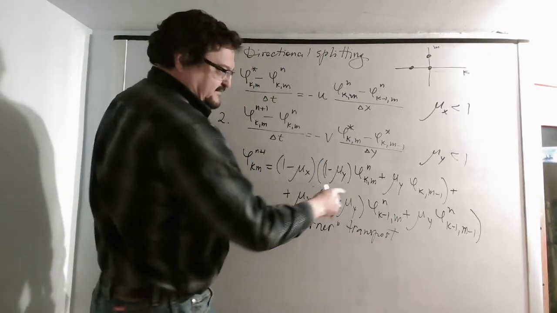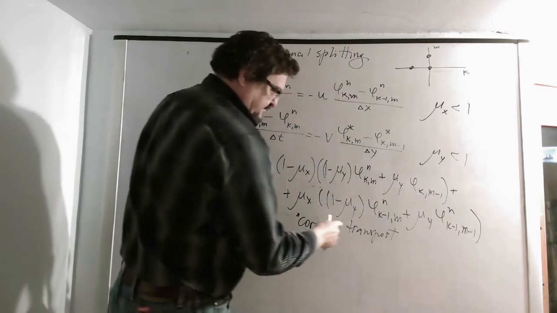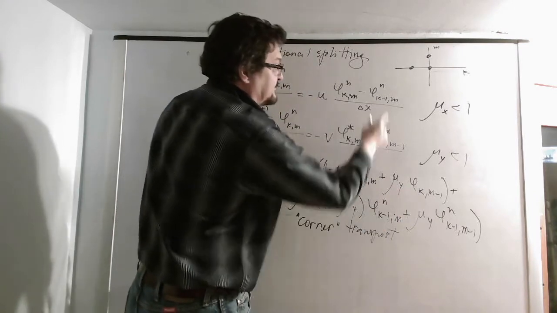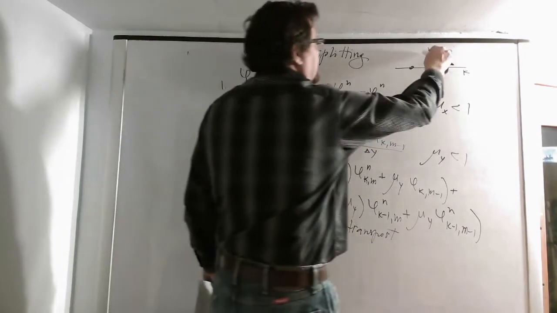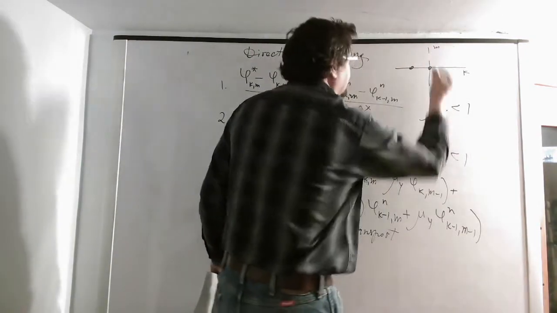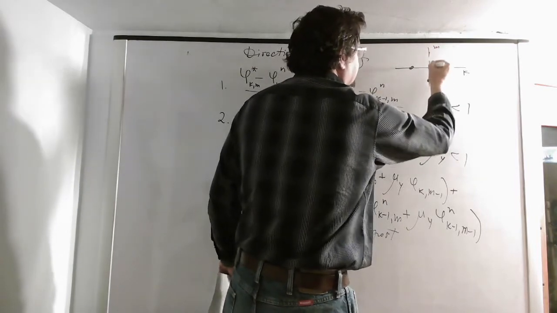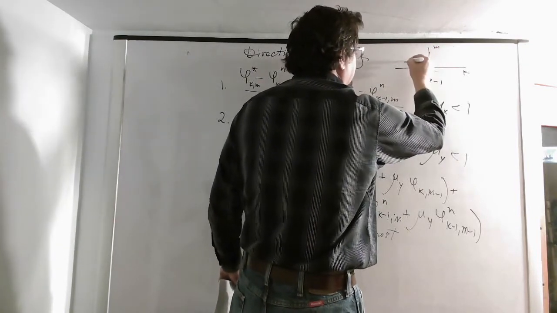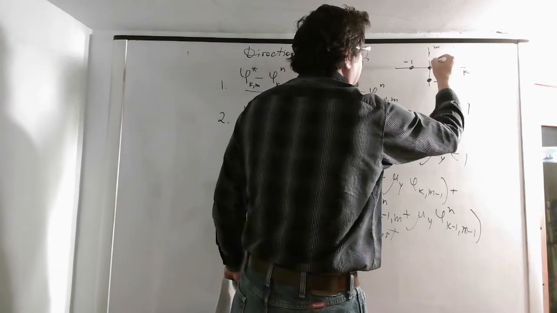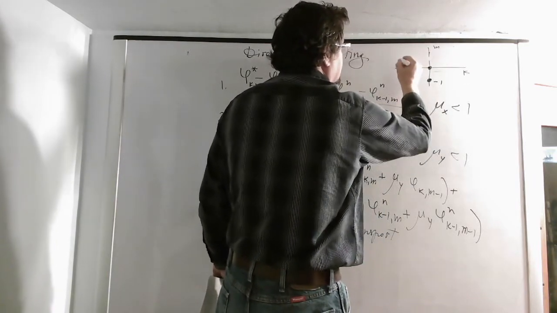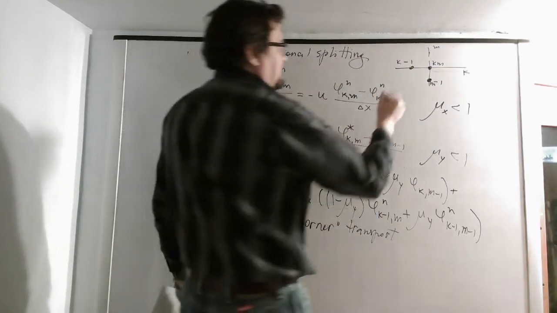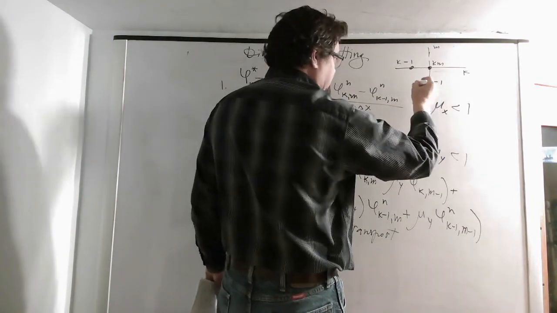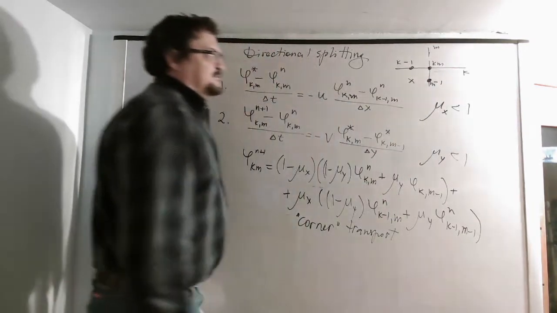Here we actually have points k, m as before, and upstream bias, so it's k minus 1, m minus 1, k, m. We used only 3 points, now we have an additional one, this point.